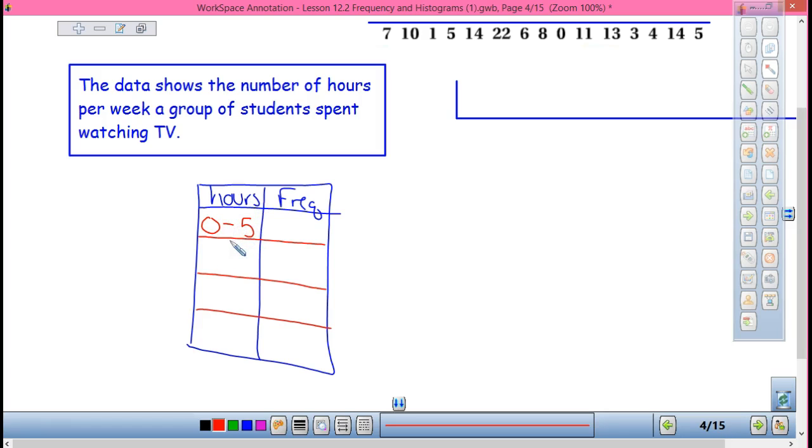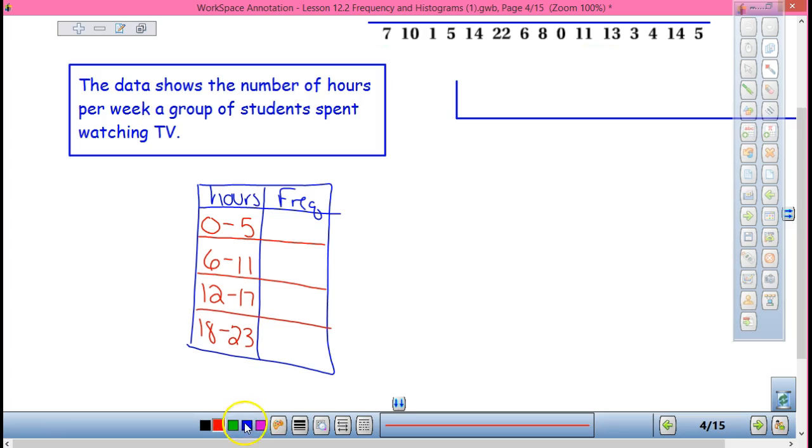Then what would our next interval be? 6 to 11, and then 12 to 17, and 18 to... are you sure? To make them even, it has to be 23, yep. I know 22 is our biggest number, but remember your intervals all have to be even.